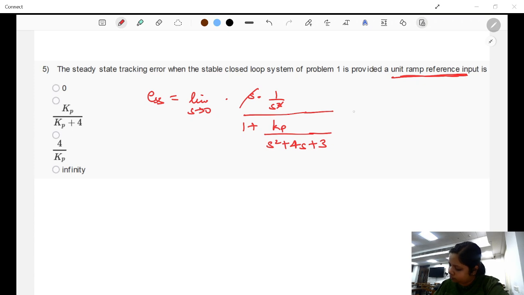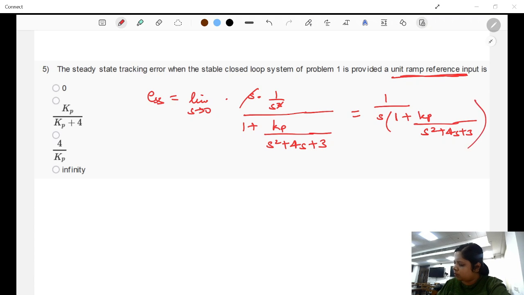You cancel out the terms. It would be 1 upon s into 1 plus Kp upon s square plus 4s plus 3, all with limit s tends to 0. When this s is put to 0, then what would happen? This whole term would end up being infinity. Okay, so your answer is infinity.